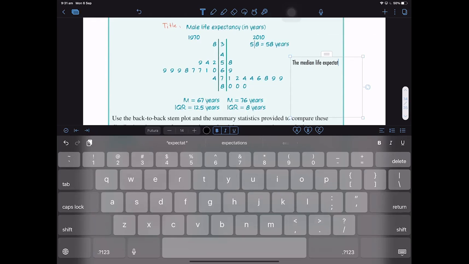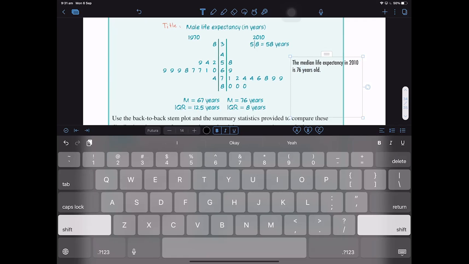Expectancy in 2010 is 76 years old, comma, which is 9 years higher or longer? Which word should we use, higher or longer?